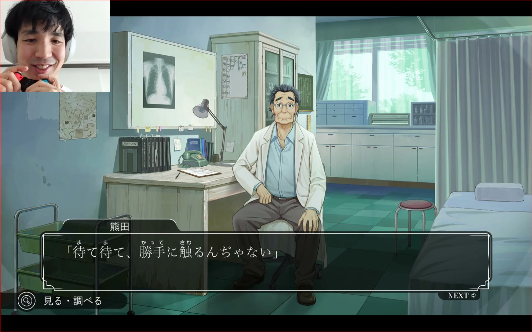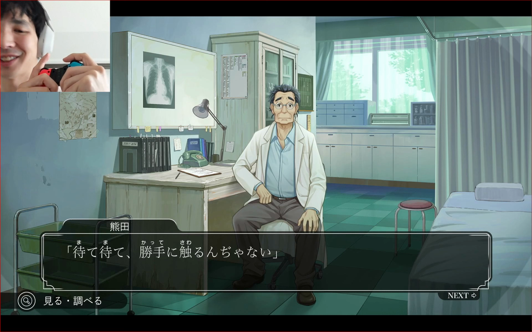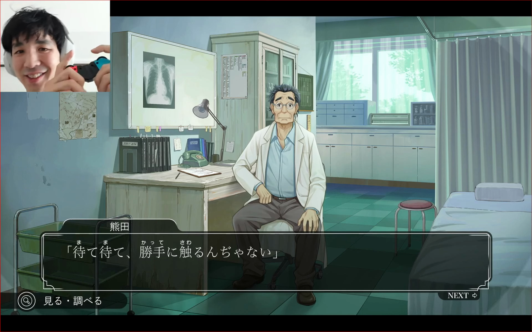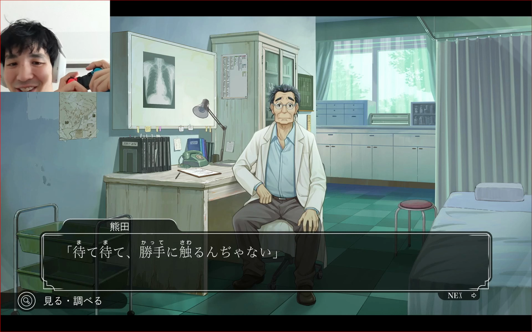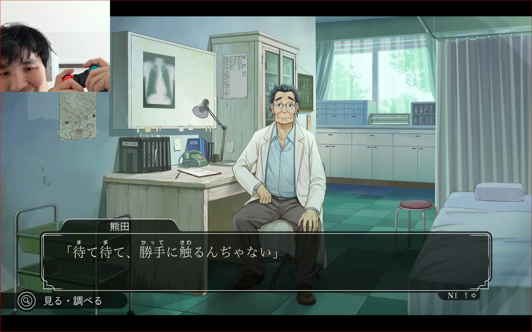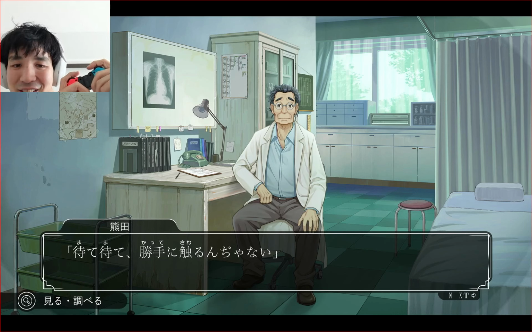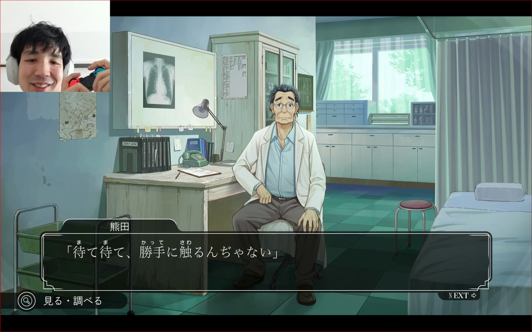Sawaru is like to touch. Sawaru na would be don't touch. It's the imperative form, like saru na. So sarun janai, sawarun janai. Anyways, don't touch it.